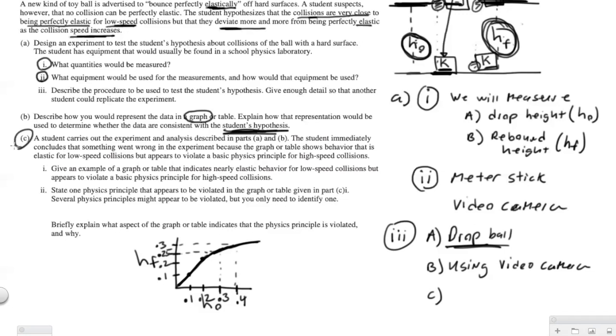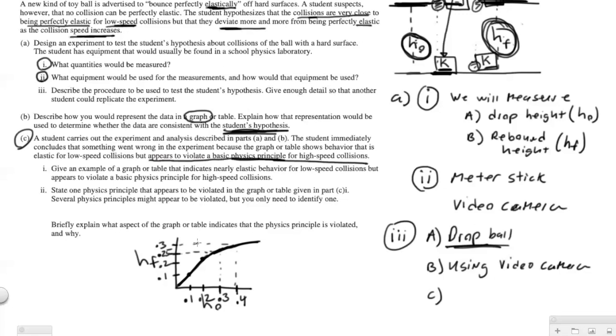Okay, question C. So the student carries out the experiment as described. The student immediately concludes that something went wrong in the experiment because the graph shows behavior that is elastic for low speeds, but appears to violate a basic physics principle for high-speed collisions.